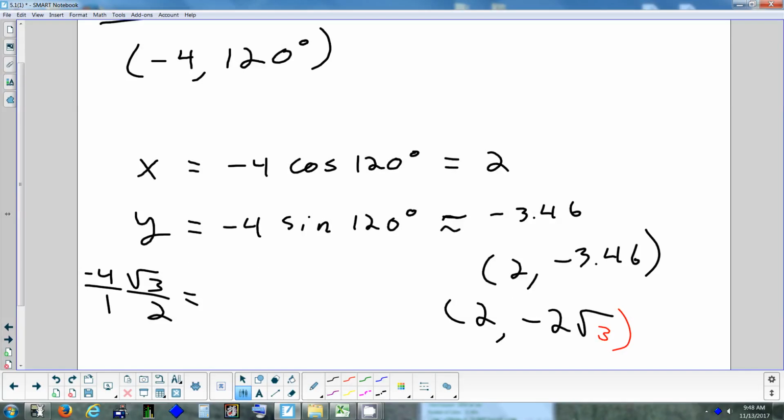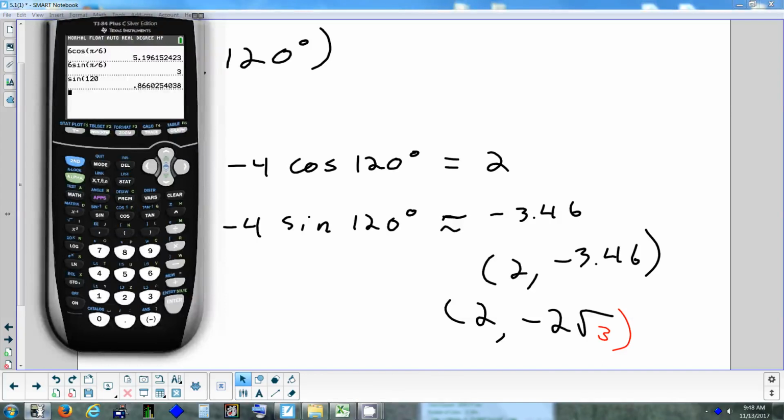How did I figure that out? I did all the unit circle stuff we learned a few weeks ago. But if you don't remember that, all you have to do is take the answer that you would see on the test and change it to a decimal and see if it matches what you got. So type in -2 square root of 3, and when I hit enter, I'm going to get -3.46.